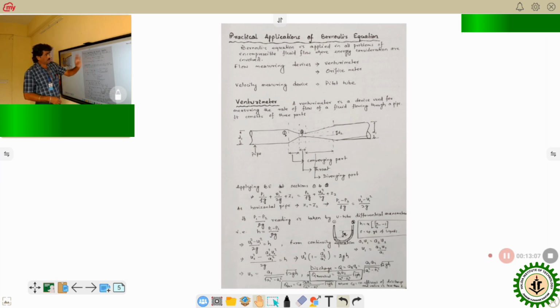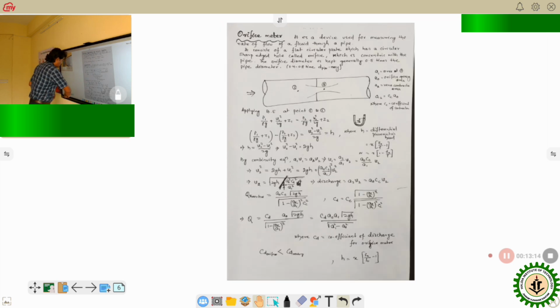Similarly, another device is there, orifice meter. Compared to venturi, the orifice construction is very simple and cheap also. So here I am showing orifice. It is a circular plate with an inner hole. That hole is here. This is the front view, and in the same way this orifice meter also acts as per the Bernoulli's principle.